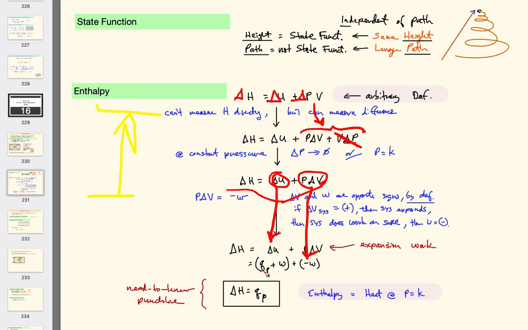It's the heat energy at constant pressure, yes, because I've already said this is constant pressure, and a work term. That's what U is equal to. But guess what? These two terms now cancel out, and at constant pressure, the heat term at constant pressure is just, I could just call that enthalpy.